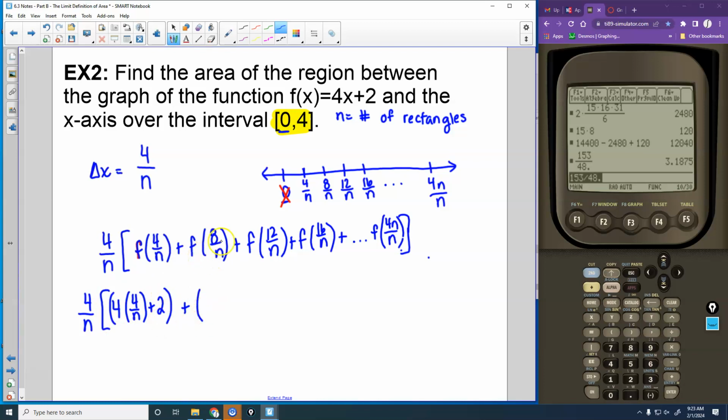And then we would have f of 8 over n. So that would be 4 times 8 over n plus 2. And 4 times 12 over n plus 2. And it's okay with you guys if I skip to the dot, dot, dots and don't do 16. And then we'd have 4 times 4n over n plus 2.